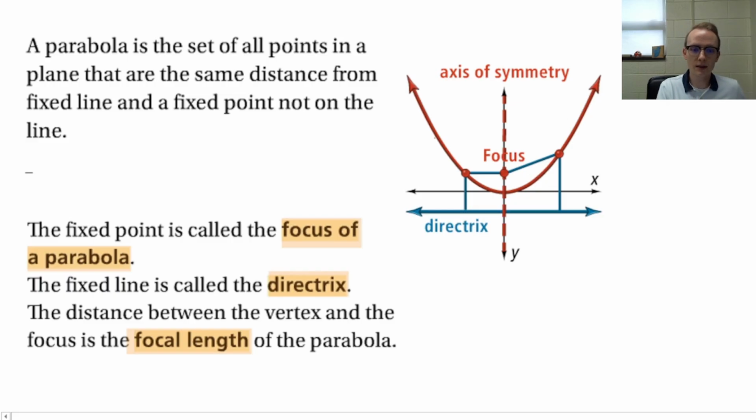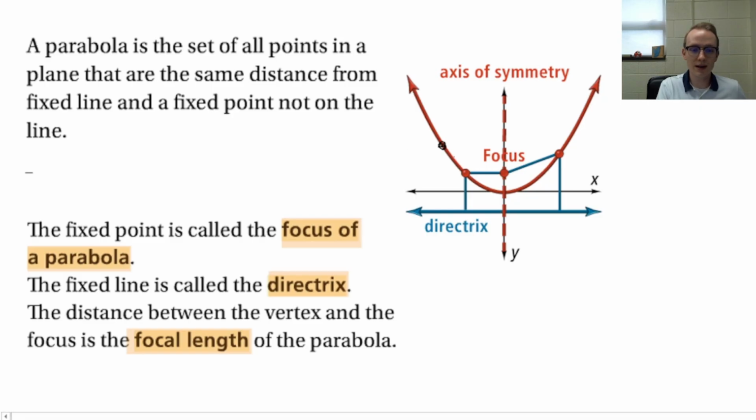Every single point on this red parabola right here has the same distance from the directrix as to the focus. Now, that length is a straight line. We're not saying this distance here to the directrix at the center of this parabola is the same as the distance to the focus. Clearly, that's not the same.